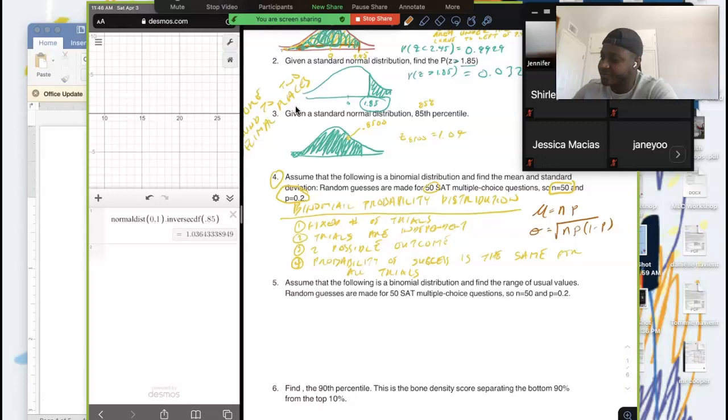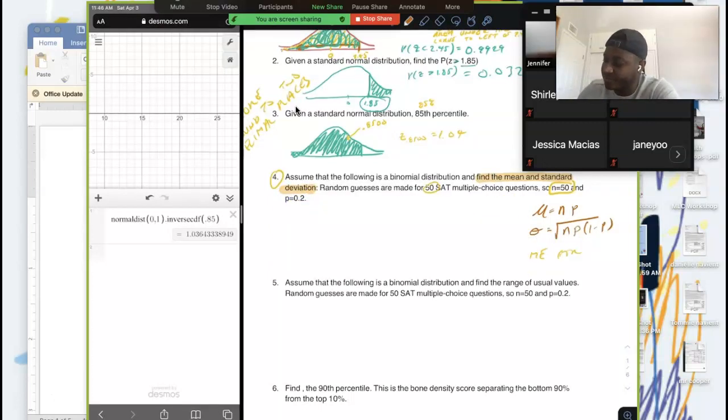That's what they want us to do here for this example: find the mean and the standard deviation. Yeah, 1 minus p is also the q.